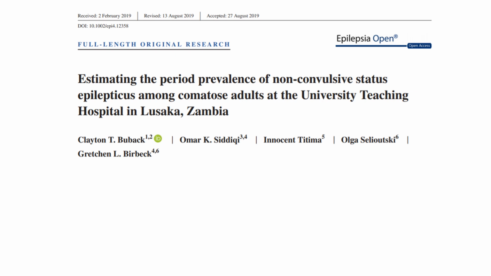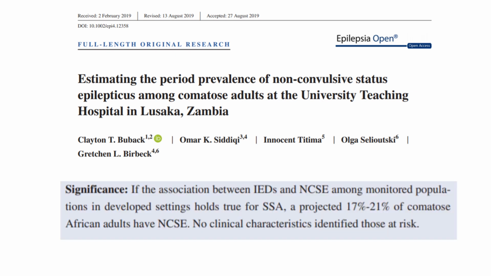This talk of non-convulsive status is really not theoretical. It's really important for us to have this on our differential. So this is a research study from a few years ago that took place at UTH. Essentially, they screened everyone with a GCS of 9 or less who was admitted to the medical wards, and they did a 30-minute EEG.